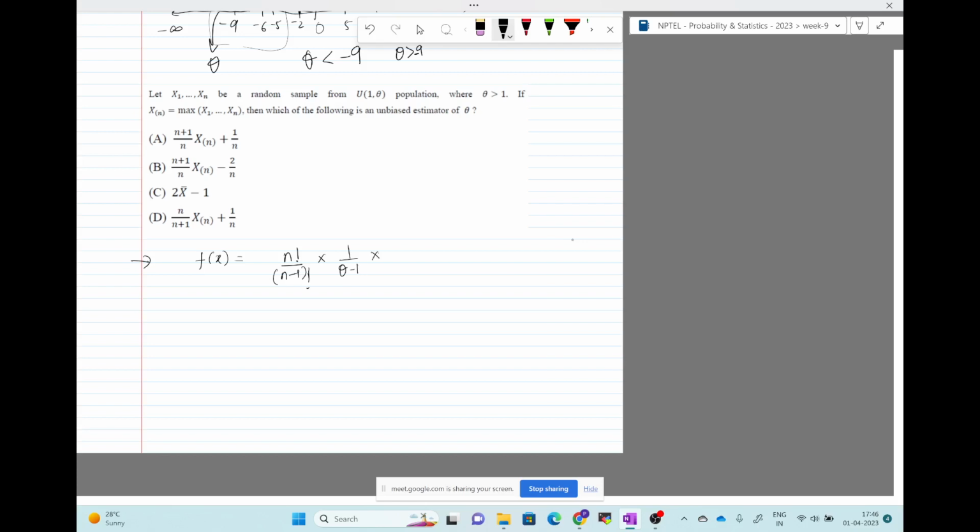CDF is x minus 1 divided by theta minus 1, whole to the power n minus 1. And the term coming is n into x minus 1 to the power n minus 1 divided by theta minus 1 to the power n.